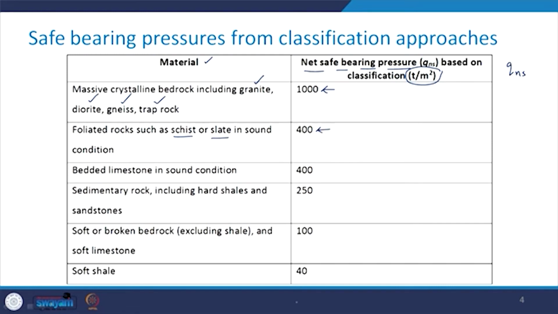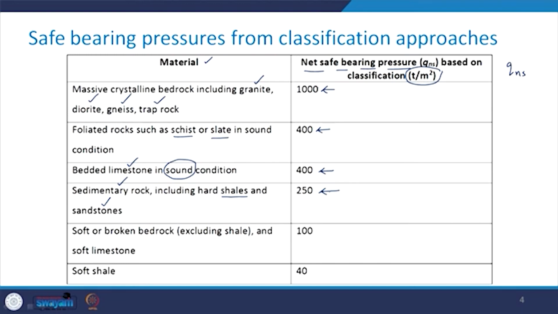In case of bedded limestone in sound condition, again the value can be taken as 400 tonnes per meter square. For the sedimentary rocks including hard shales and sandstones, this value reduces to 250 ton per meter square.